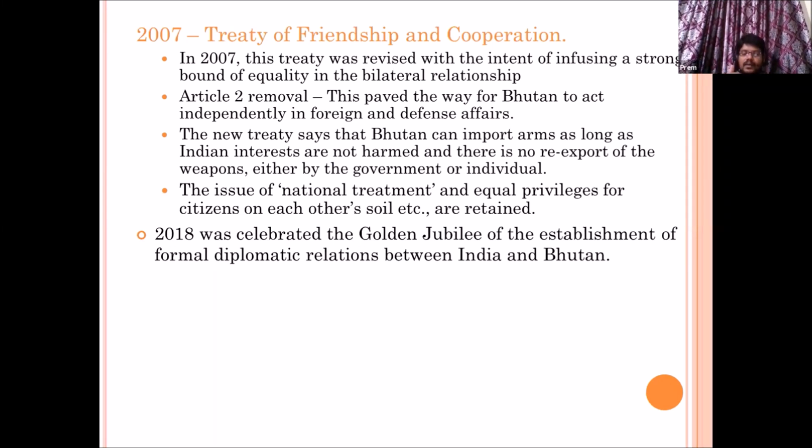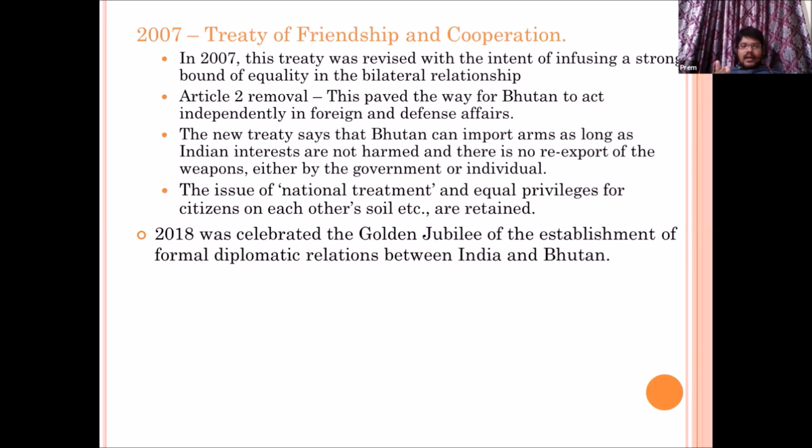That means no policy of India should be against Bhutan when it affects its core interests, and Bhutan should not have any kind of relationship which will have a negative impact on India. So with this provision, they can have relationships with any country. So this is the new major amendment added to the treaty.